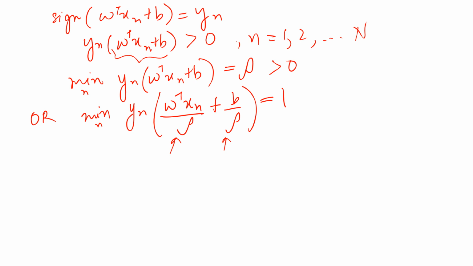And this equation is exactly the same hyperplane as the one that separated the data earlier. It's just that the weights are rescaled. So what we're trying to say here is that if there is any hyperplane that separates the data, there is an equivalent hyperplane, geometrically speaking, of course.